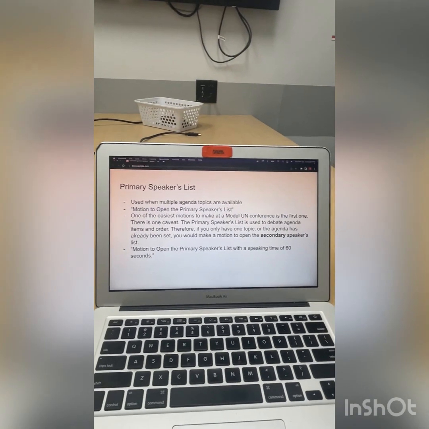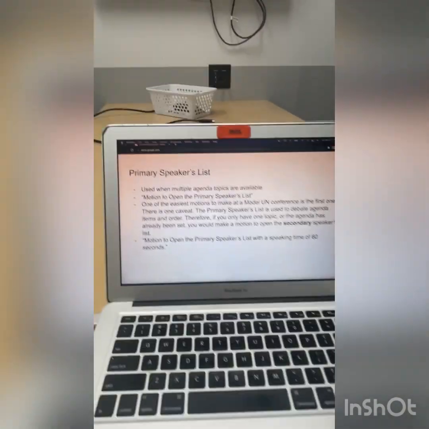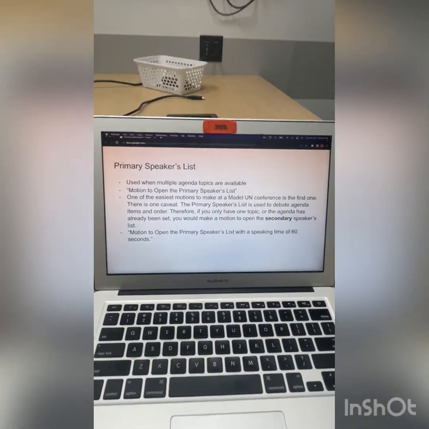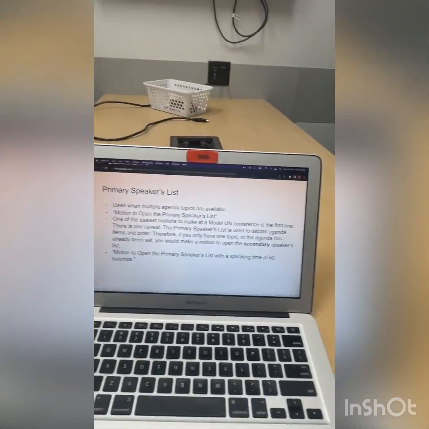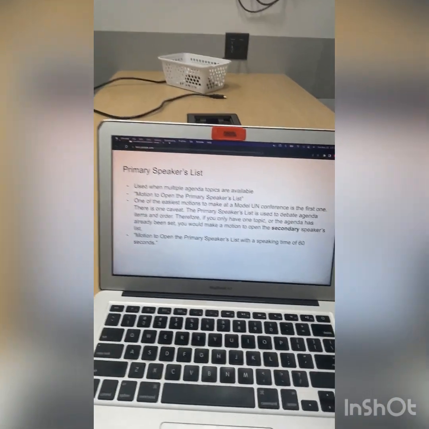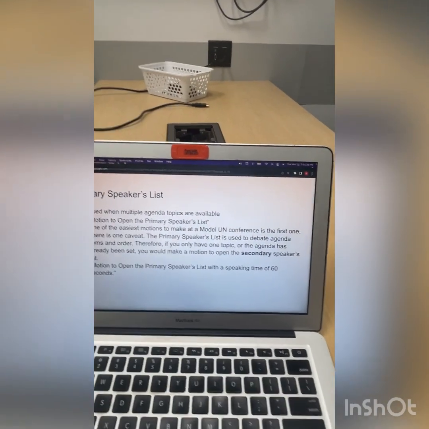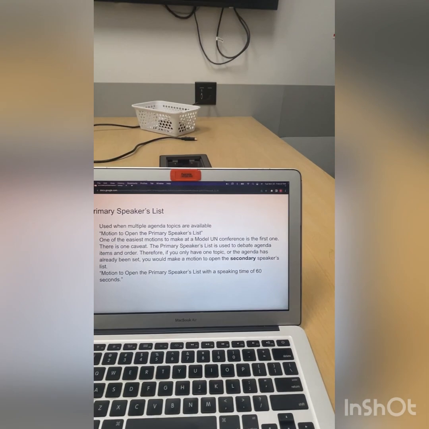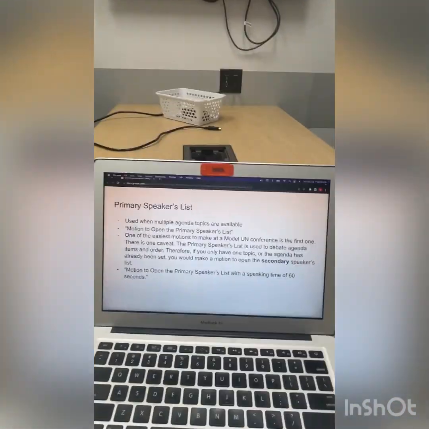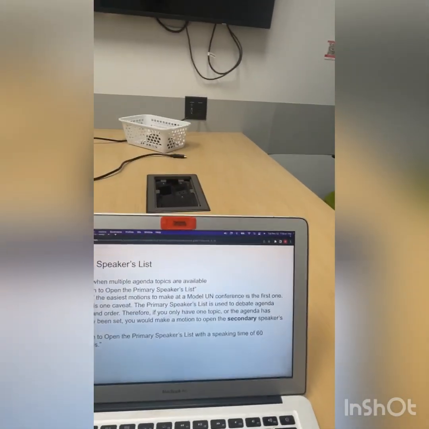In this scenario, you would have to open the primary speakers list and set an agenda. A motion to open the primary speakers list is the motion you would use, and it's one of the easiest motions to make at a conference.